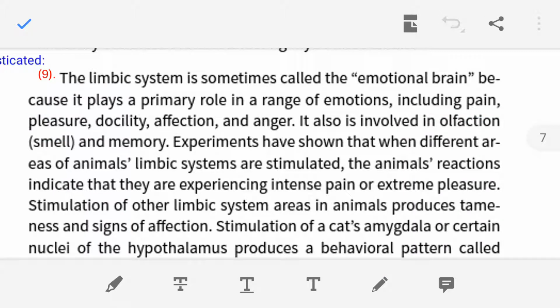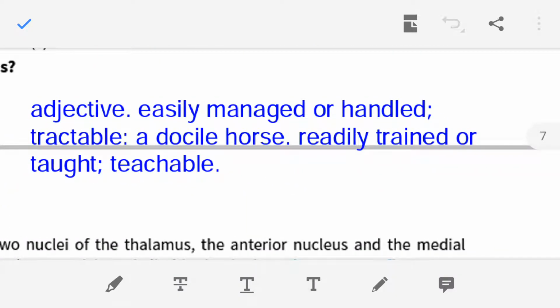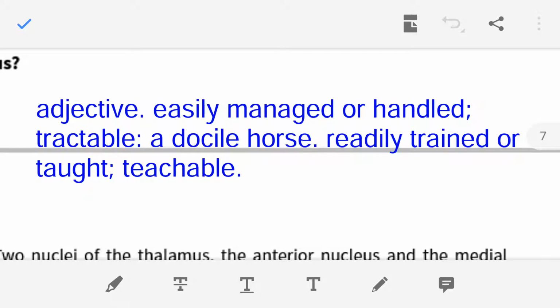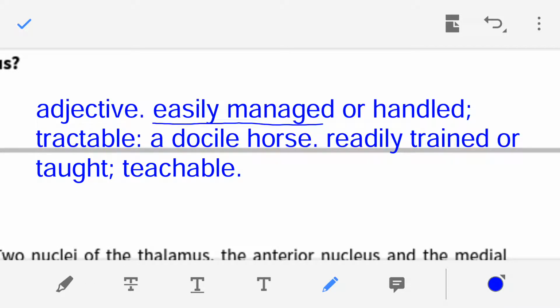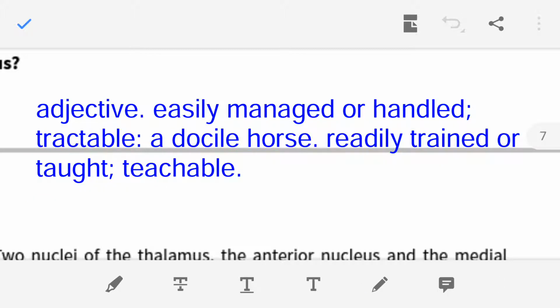Now what is the meaning of docility? See, docility means easily managed or handled, tractable. For example, a docile horse, readily trained or taught, teachable. Now, something related to wild animals. In the movie, you have seen the wild horse that remains in the jungle.